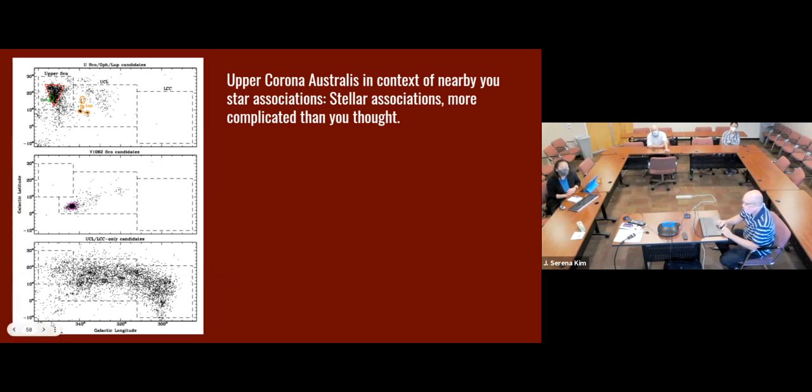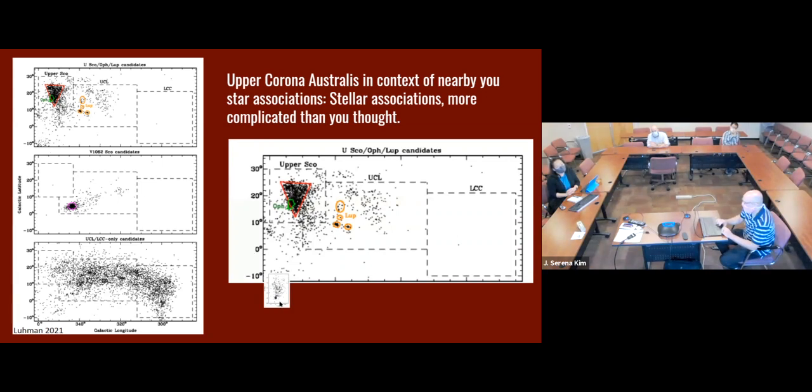You can see we're crossing a lot of galactic longitude and latitude here. But here's that coincidence. These candidates right here that got identified as Upper Sco candidates, that's actually Corona Australis.